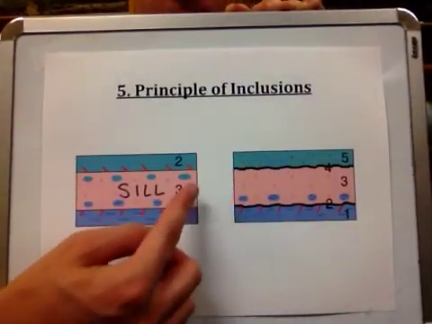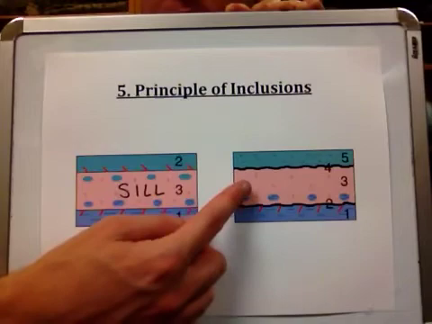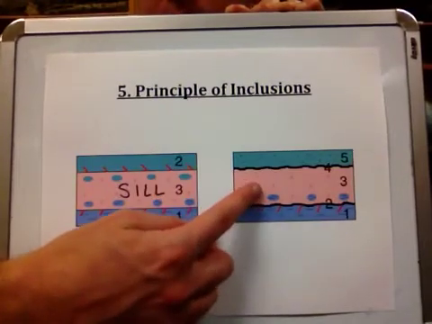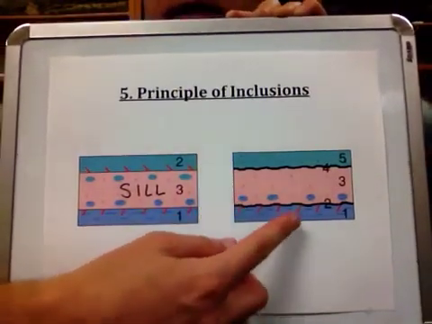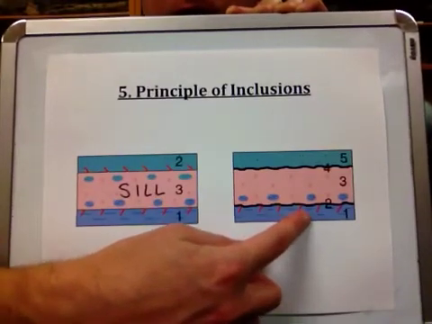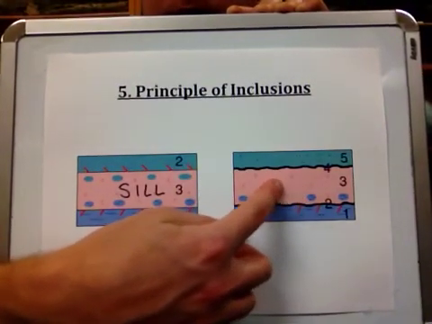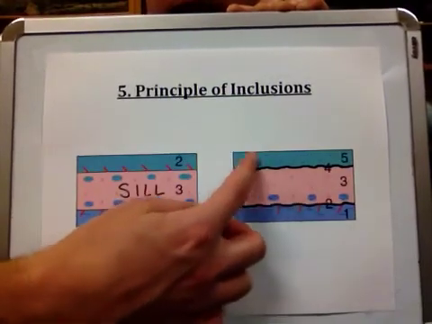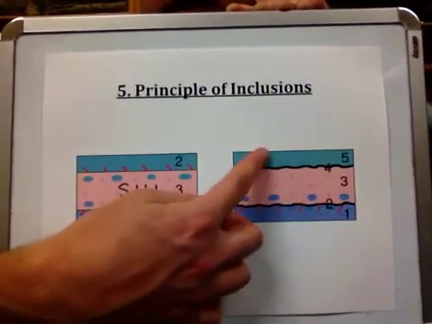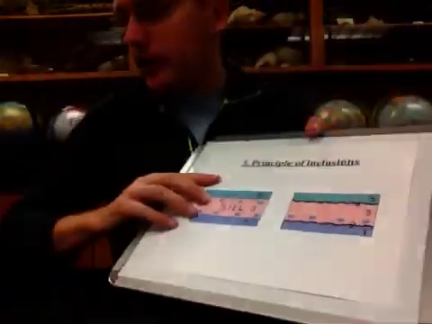You also see that we do not have any inclusions of sandstone in the igneous rock. So what that is telling us is the shale is the oldest of the rocks that we have in there. The igneous rock came in next, and then the sandstone came in later, meaning it's younger than the igneous rock.